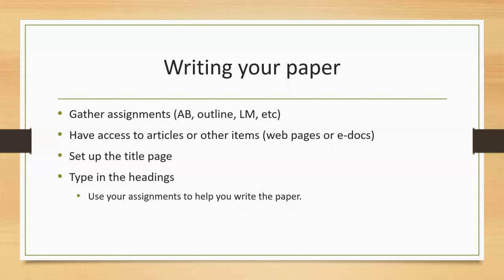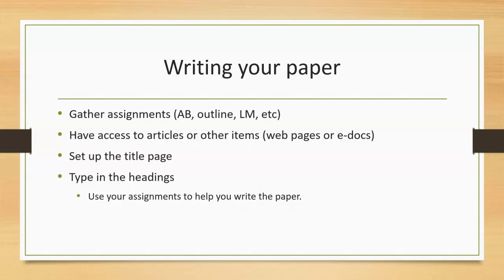So before writing your paper, gather all of your assignments, which are your annotated bibliographies, your needs assessment outline, and your logic model. Make sure you have those items with you because those are the things you should use primarily to write this paper. You might have to pull out an article because you need something, but if you've done everything correctly, you should be able to write this paper without the articles in front of you.